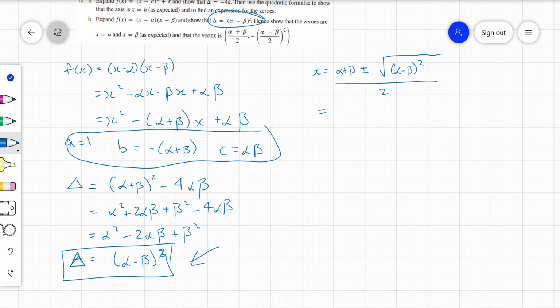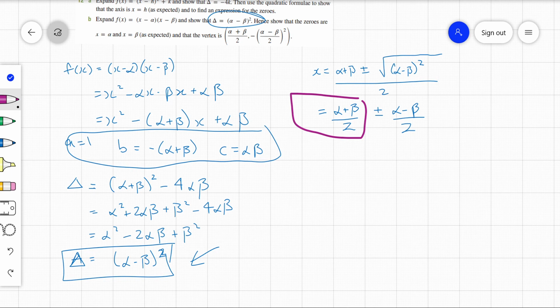Now if I separate again, because we can then see the axis of symmetry, that part's the axis of symmetry, remember, and then we're adding and subtracting around it. Now the square root of the square is just itself, so that's what we get there. So if you wanted the axis of symmetry, you're just taking that part, x equals alpha plus beta on 2.